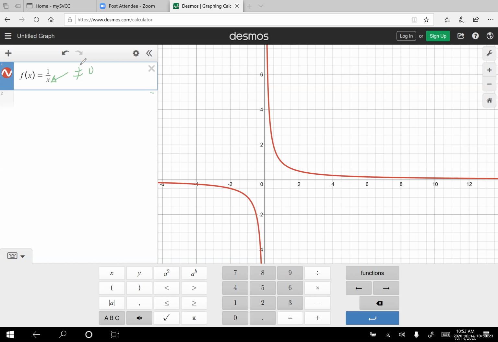So whenever you have x's in the denominator of a function, you have to be careful to what values might make that 0. And you have to exclude those for the domain.